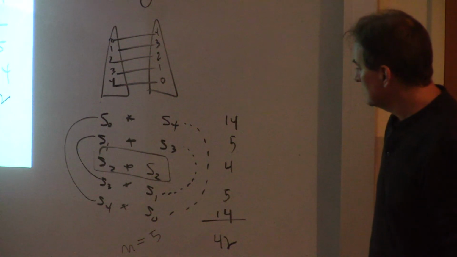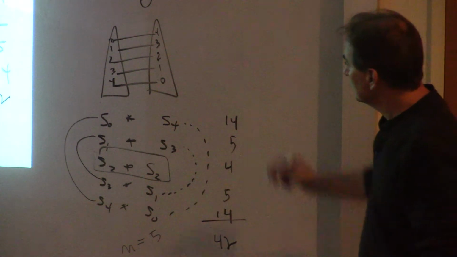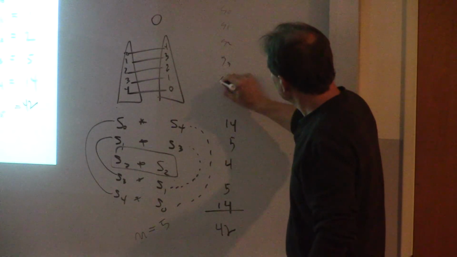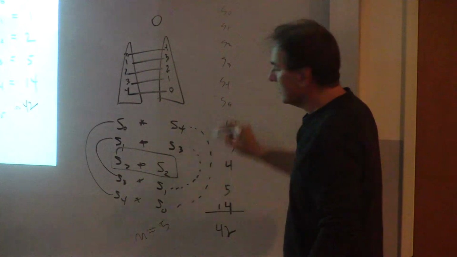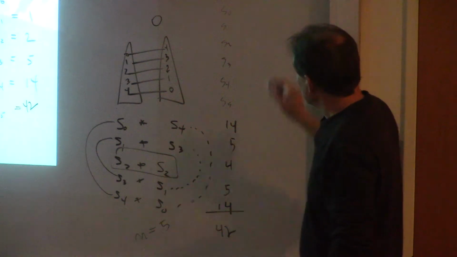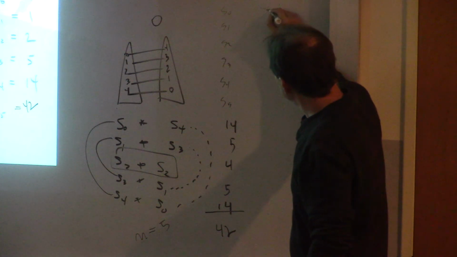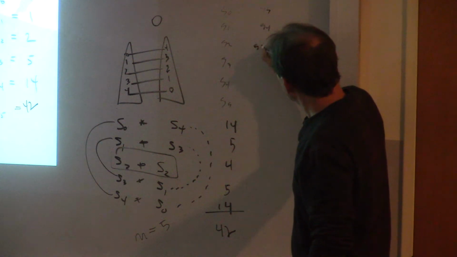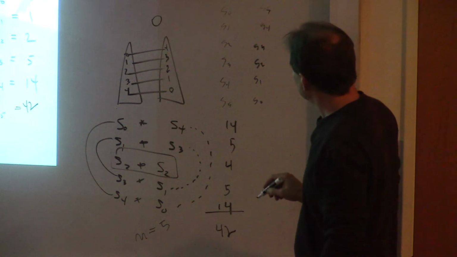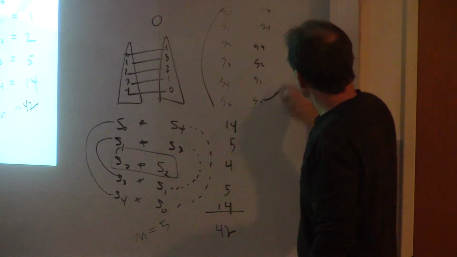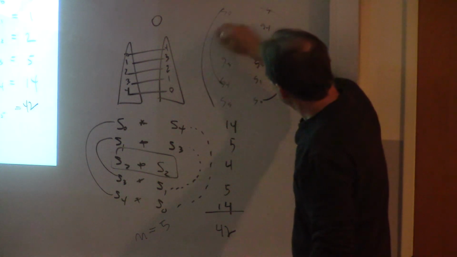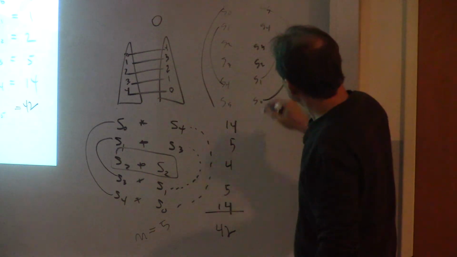But what happens when n is equal to 6? When n is equal to 6, we're going to have S0, S1, S2, S3, S4, and S5. And then here we're going to have S5, S4, S3, S2, S1, S0. So this product is going to happen twice. 1 and 4 is going to happen twice.